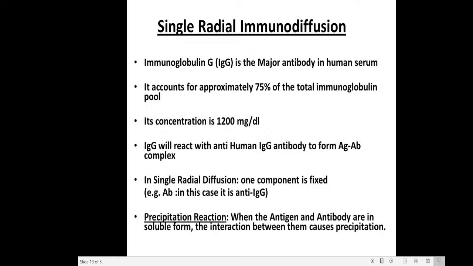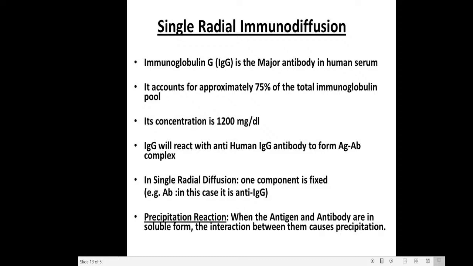Before the example, we need the procedure. IgG is the major antibody in human serum, about 70% of the total immunoglobulin pool, and its concentration is set to 1200 mg per dL. IgG reacts with the human IgG antibody to form an antigen-antibody complex. In this single diffusion, one compound is fixed.